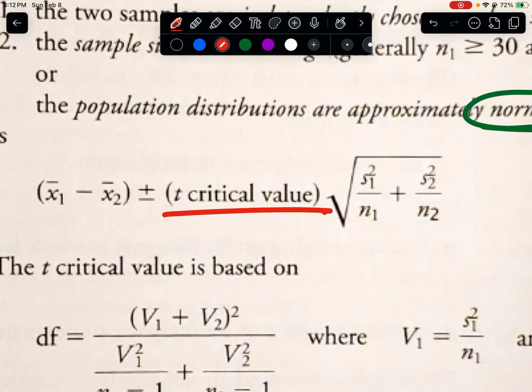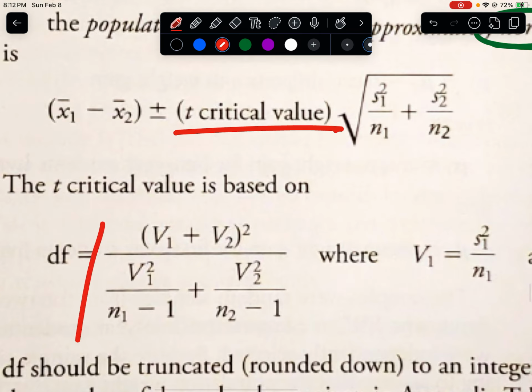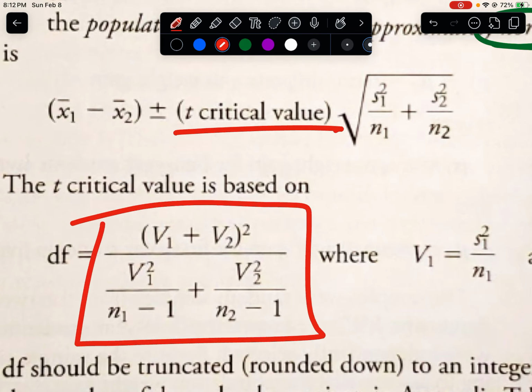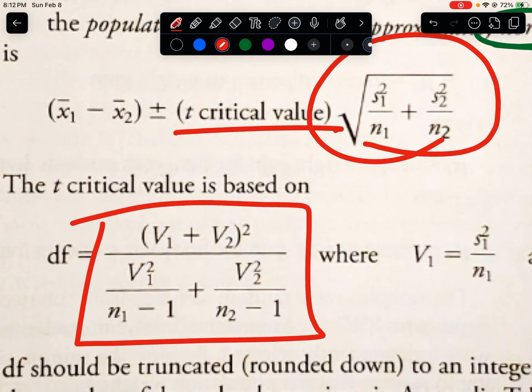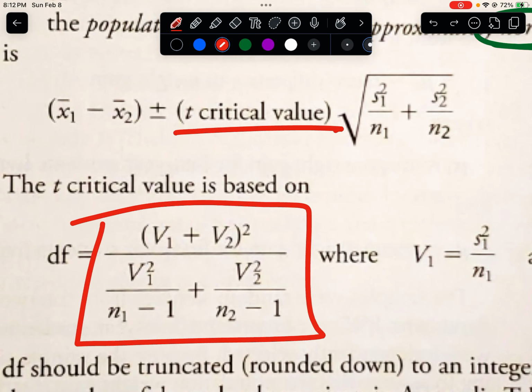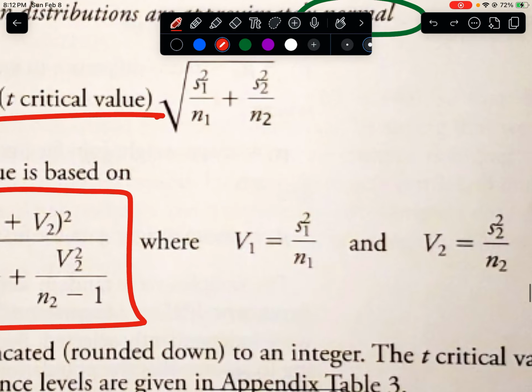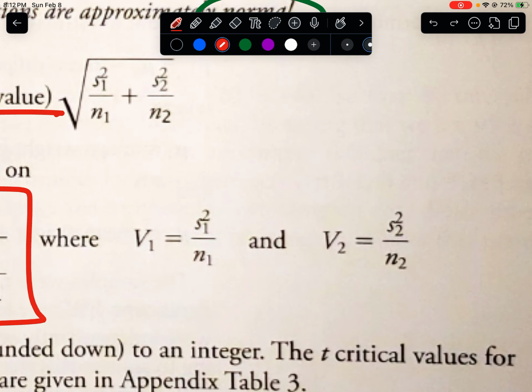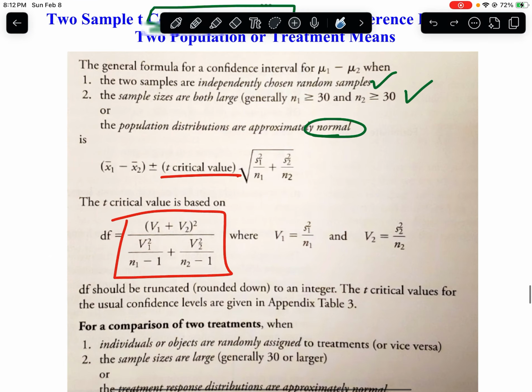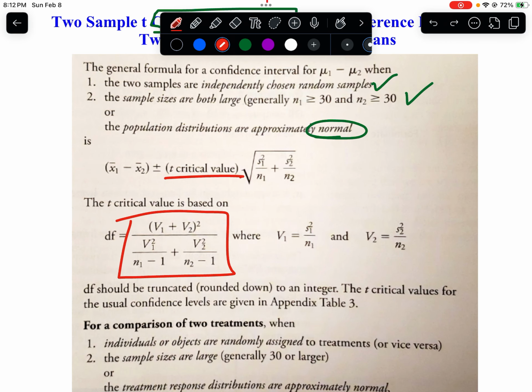We're still going to use a T critical value. We're going to need degrees of freedom for that, which we're going to find the same way as before. And then we've got our standard deviation formula there at the end. Okay, and again, our V1, V2, or our V values for each data set are the same as what we did before.